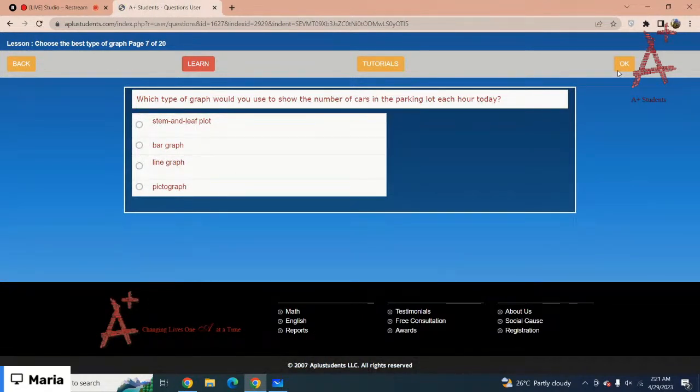Which type of graph would you use to show the number of cars in the parking lot each hour today? Which is the correct option? Do not believe in tricks. Use your mind, use logic.